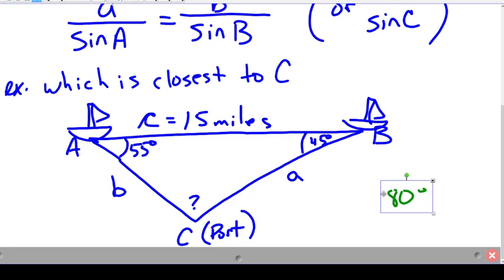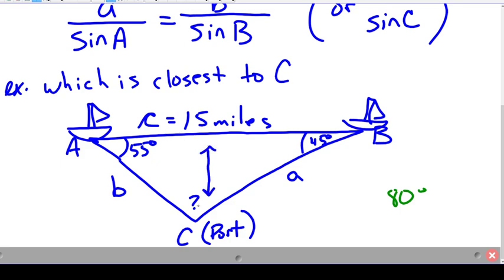We're going to need that 80 degree to fulfill the condition of an angle and an opposite side given to us. If you look at which side is given to us here, there's only one side given, and that's the 15 miles right here. That means we absolutely need the opposite angle given to us as well.